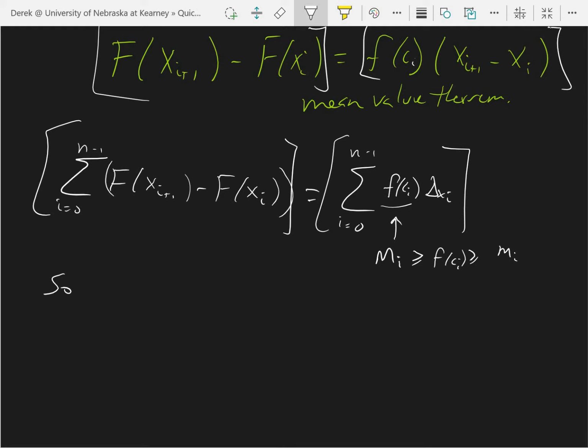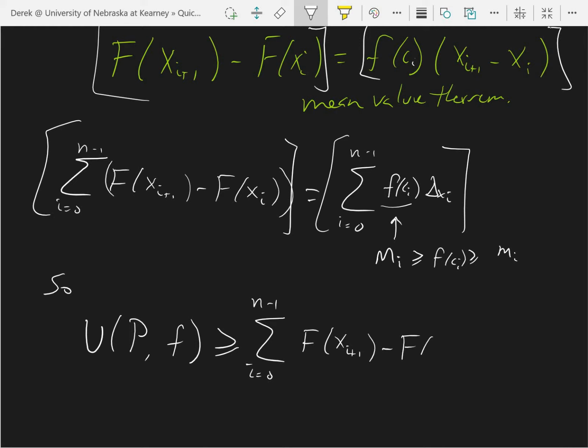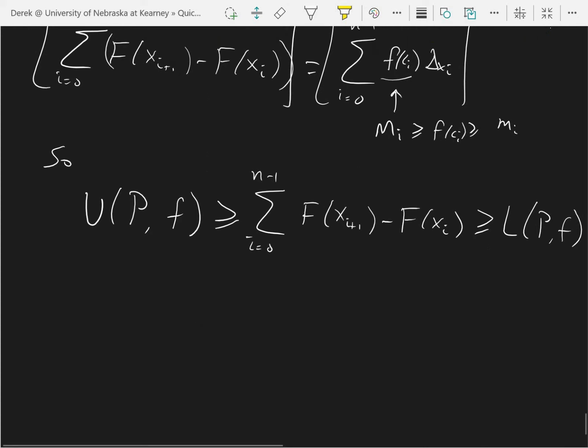Because of these two things being equal, I get that the upper sum U of P, f is bigger than or equal to this sum from i equals 0 to n minus 1 of F of xi plus 1 minus F of xi, and that's going to be bigger than or equal to the lower sum. And as I go over all partitions, this thing's always in the middle.